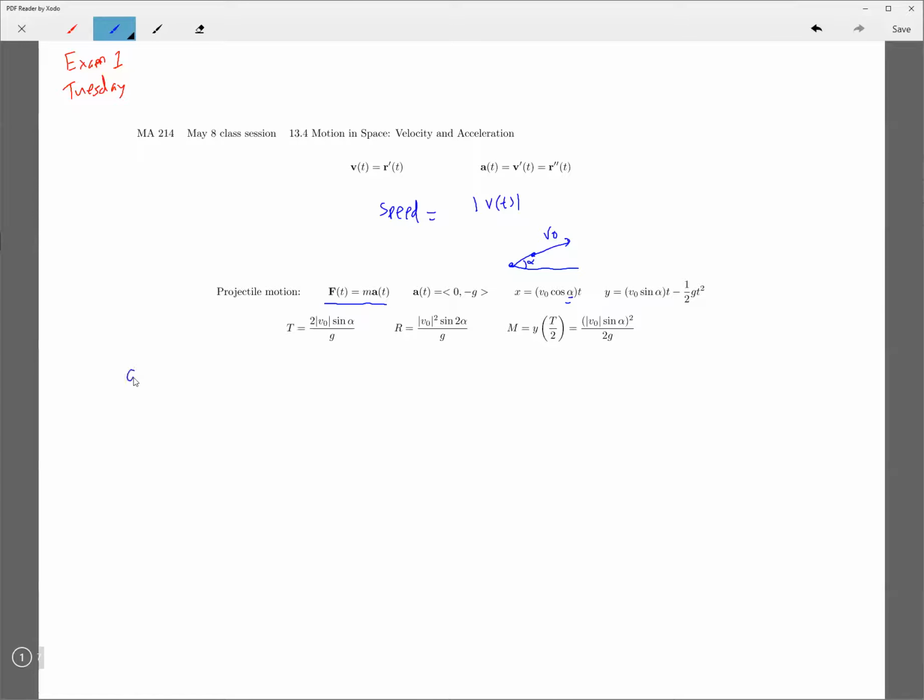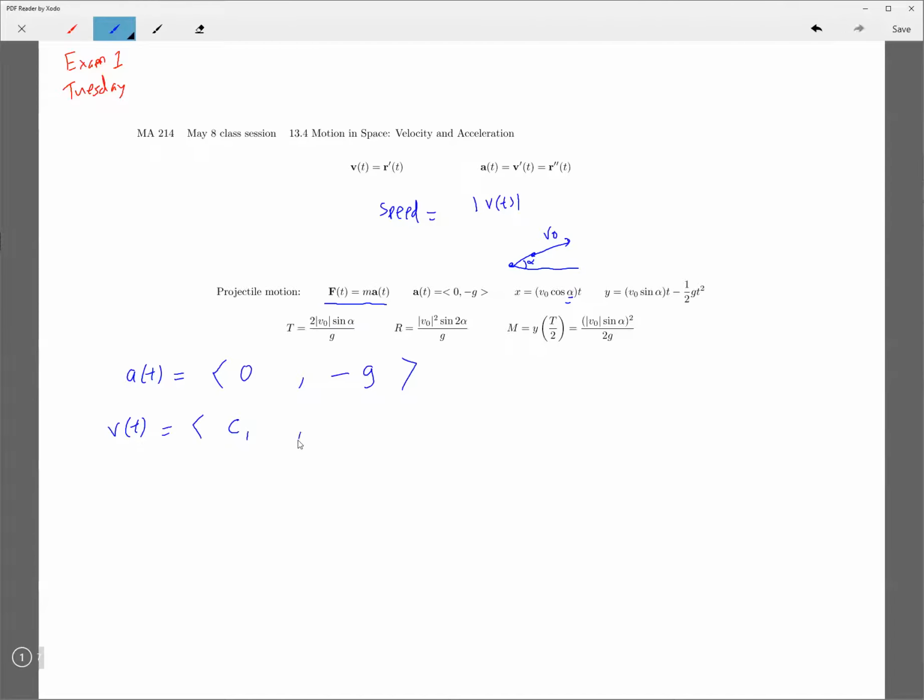Okay, so if we start with the acceleration being this, then the velocity is going to be the integral, right? So you integrate this, and you're just going to get 0 because that's plus a constant. So you're going to get a constant.